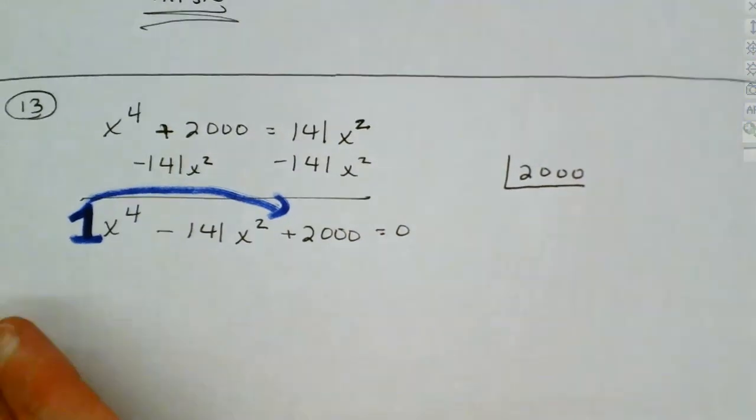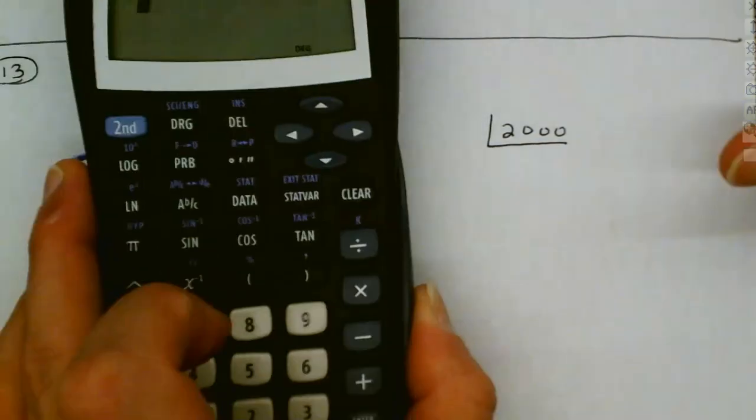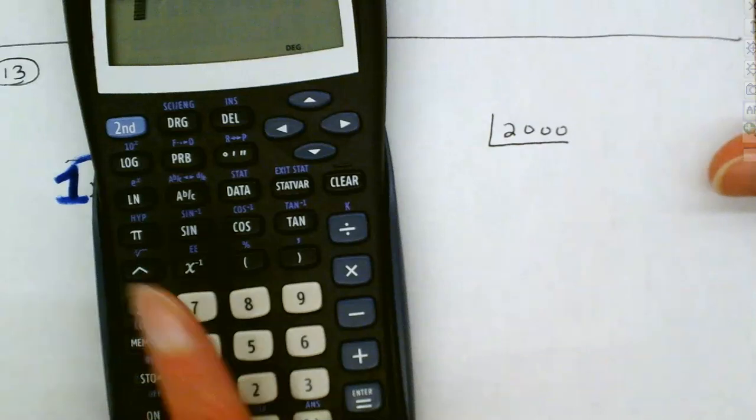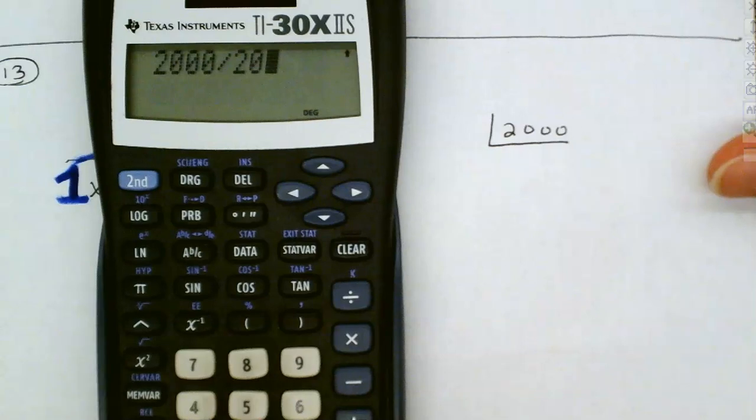Okay, now, how do I find the numbers? Well, it's 2,000, so I've got to think about what I can use. It ends in a triple zero, so it's going to have something in it with a 0. Let's start off with, well, 10 definitely is not going to work. How about we try 20? Let's try 20 first. See how close we are.